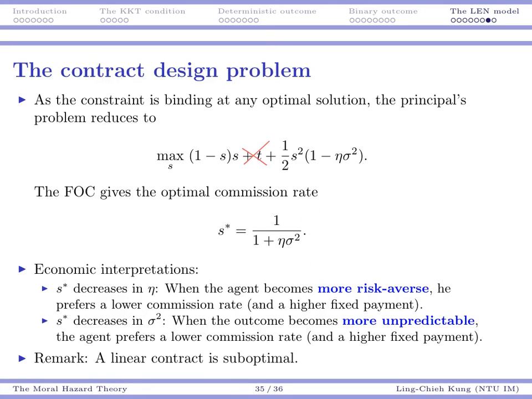Okay, and very quickly you can see if the agent is risk neutral, eta would become 0. And if that happens, S would become 1. Or if sigma square is 0, then also S would become 1. What does that mean? That means the problem goes back to the first best. That means the problem is not a problem.